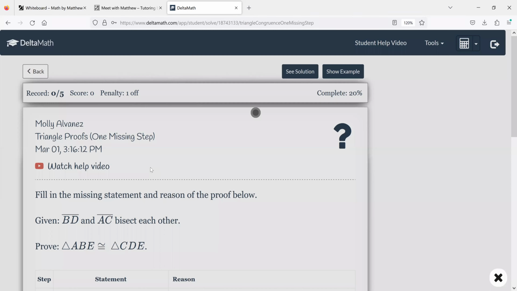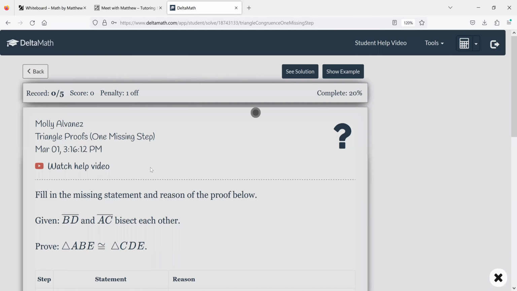All right. I wonder if it wants us to say that the angles are congruent, to say that angle BDA is congruent to BDC. It's a bit of a guess.